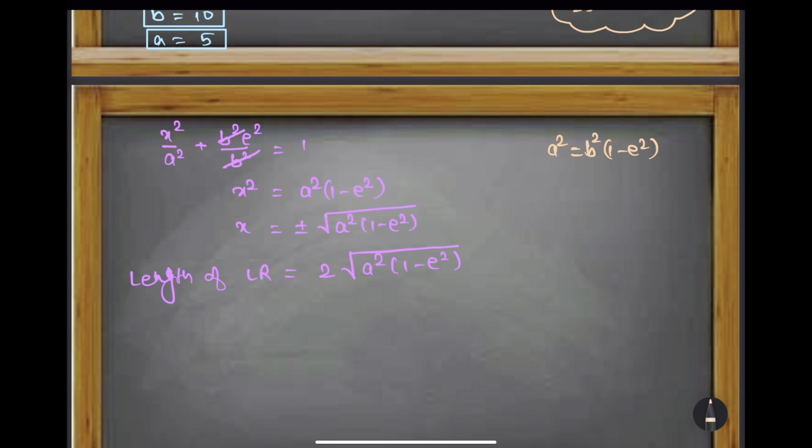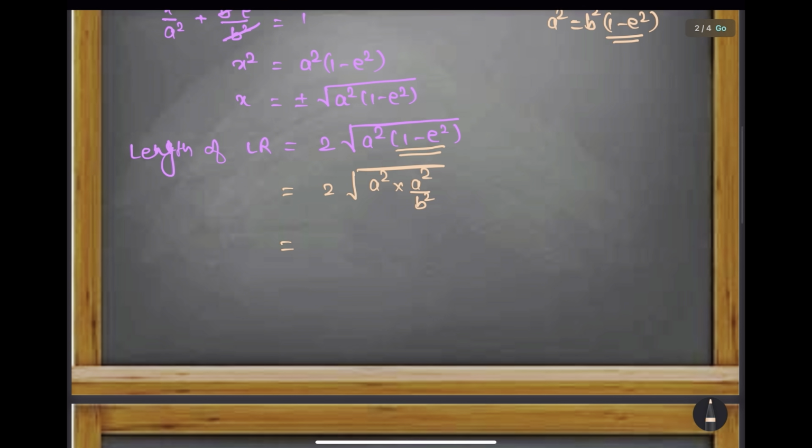So in place of 1 minus e square, can we write a square by b square? So 2 times root over a square by b square. So can I write this as 2 times a square by b, because it is talking about the length now. The length should be positive.